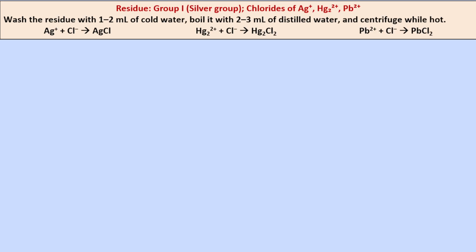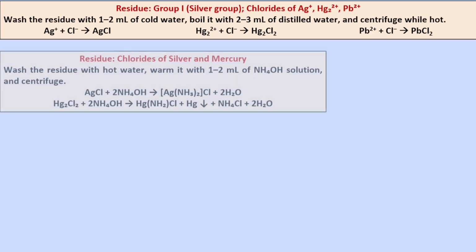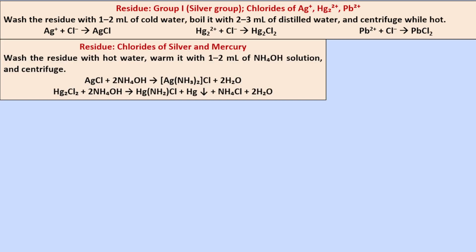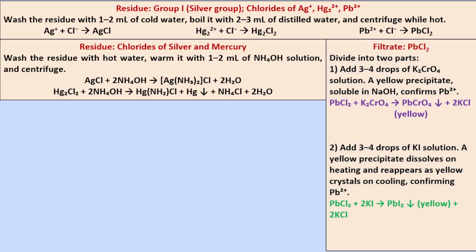This step is crucial as immediate centrifugation ensures the complete dissolution of slightly soluble lead chloride, allowing its separation from silver and mercury chloride. After the centrifugation, the residue will contain chlorides of silver and mercury, while the filtrate will contain the lead if it is present in the form of lead chloride.